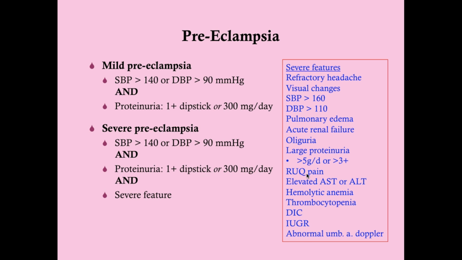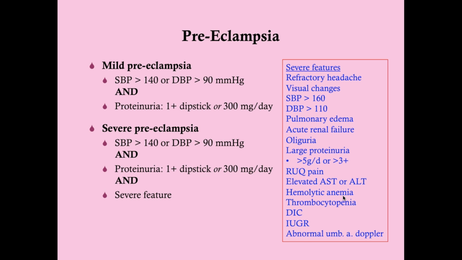Well, the right upper quadrant pain actually has to do with either hepatic ischemia or with edema to the Glisson's capsule. And Glisson's capsule is just a capsule that holds the hepatic artery, the portal vein, and the bile ducts. And so either of those can cause right upper quadrant pain. If you have an elevated AST or ALT, likely suggestive of hepatic ischemia.